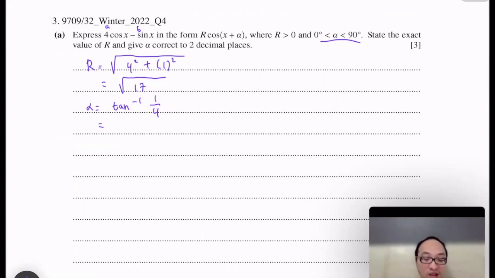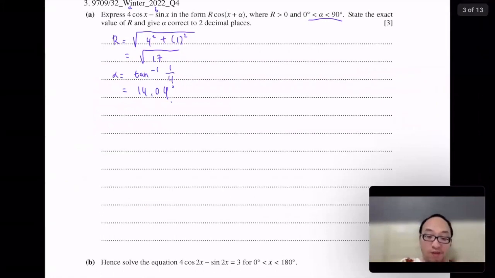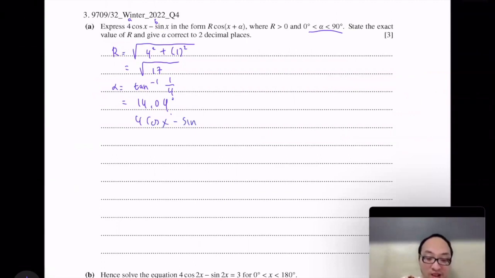So the answer is 14.04 degrees. That's for the first one. So 4 cos x minus sin x equals root of 17 cos(x plus 14.04 degrees).